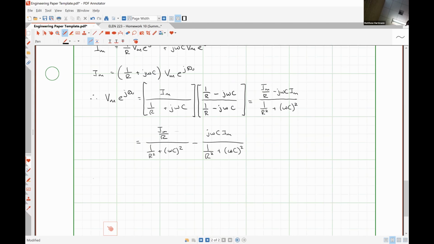So that means the magnitude of Vm, or no, not the magnitude of Vm, Vm, because that is inherently the magnitude, is going to be the square root of Im over r divided by 1 over r squared plus omega c squared, this whole thing squared, plus this whole thing squared.